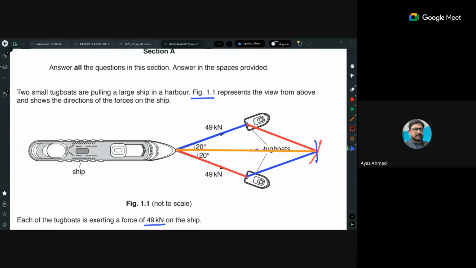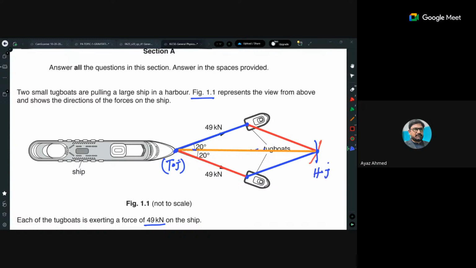Okay? The parallelogram should be starting from the heads of the existing vectors, vector 1 and vector 2, or force 1 and force 2, and to the point of joining the arcs. And then you have to join the tail junction to the head junction, right?